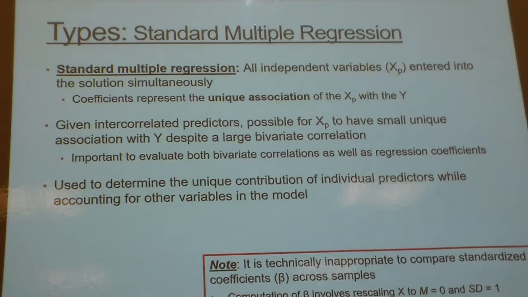So when we think about reporting our regression models, it's important somewhere in the paper to include both unstandardized and standardized regression coefficients, also the standard errors for your unstandardized coefficients, and then I would say also include some metric of effect size, whether it be partial correlations or squared semi-partial correlations, depending on how you want to present that.